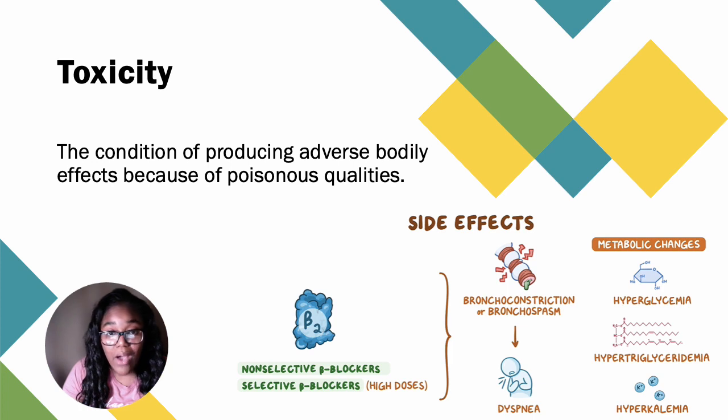We're not breaking down sugar anymore for energy. We're actually holding on to sugar because of the antagonistic effect of beta blockers. So you will see hyperglycemia, you will see hypertriglyceridemia, and you will see versions of hyperkalemia.